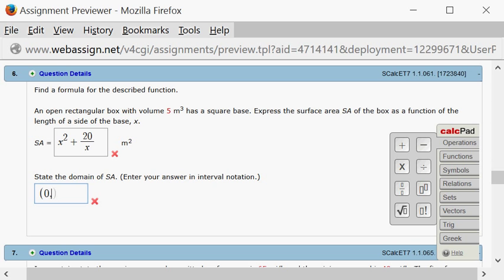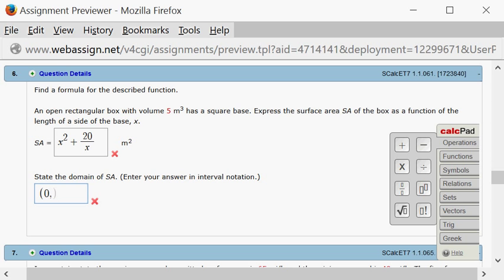We can make sure that the volume is 5 cubic meters no matter how big the base is, because the bigger the base is, the shorter you can make the box. By making the base really big, we can make the box really short to make sure that the volume is still 5 cubic meters.